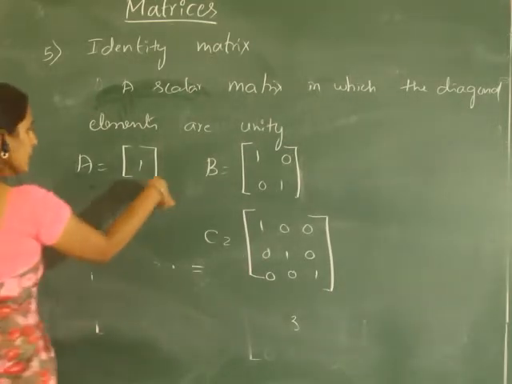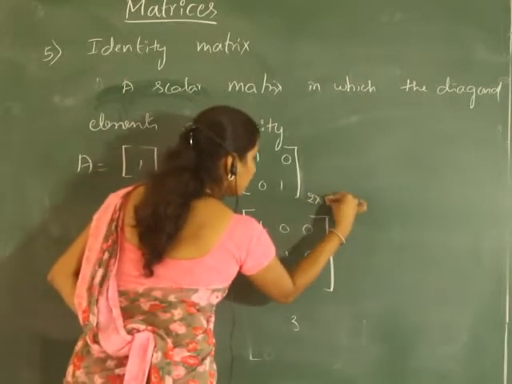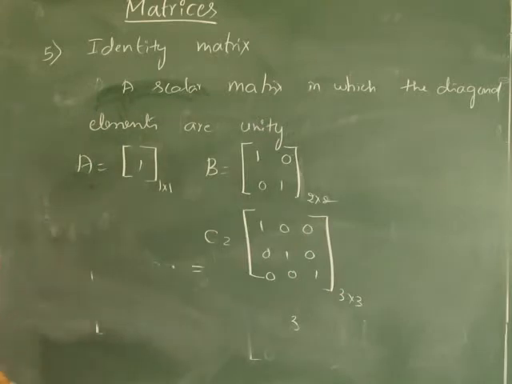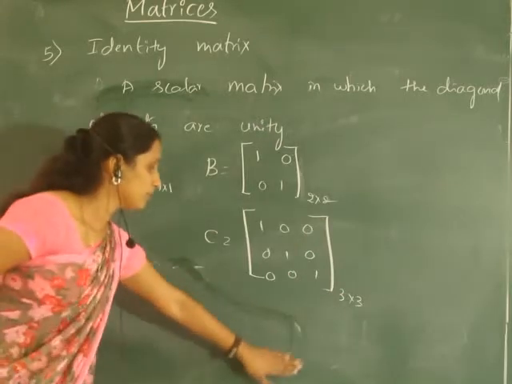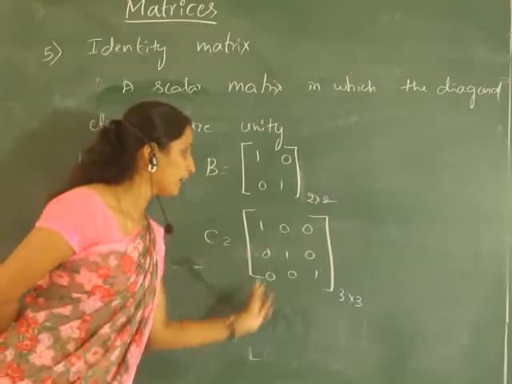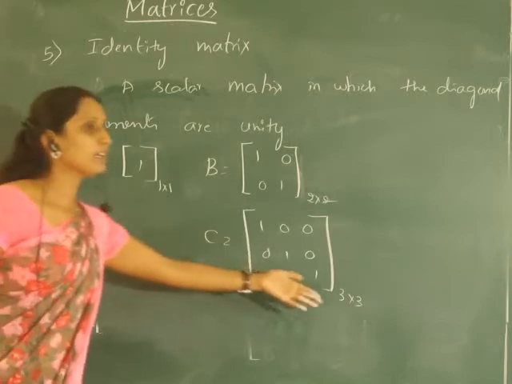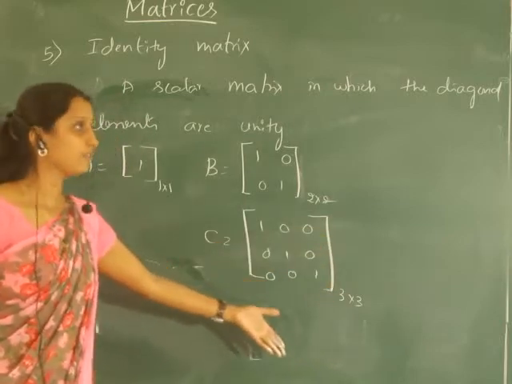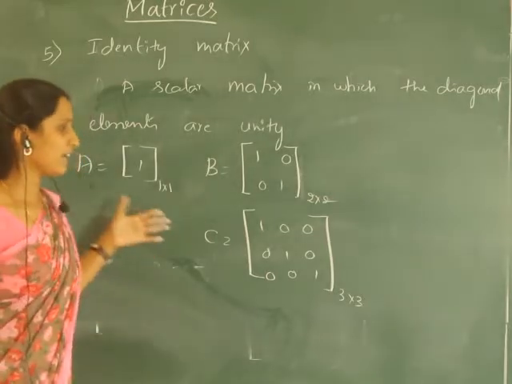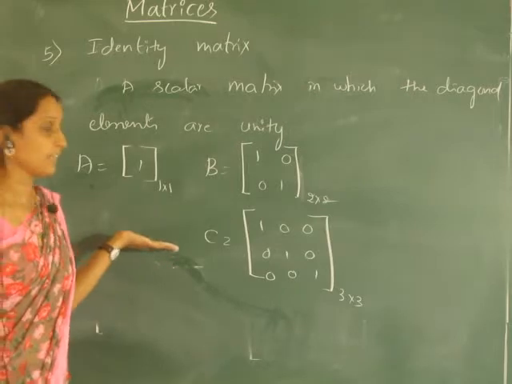This is 1 by 1, this is 2 by 2, this is 3 by 3, and one more, 4 by 4. By taking all the diagonal elements 1 and non-diagonal elements zeros, that matrix is called the identity matrix. Similarly 5 by 5, 6 by 6 we can define the identity matrix. This identity matrix is very important in the next chapter.